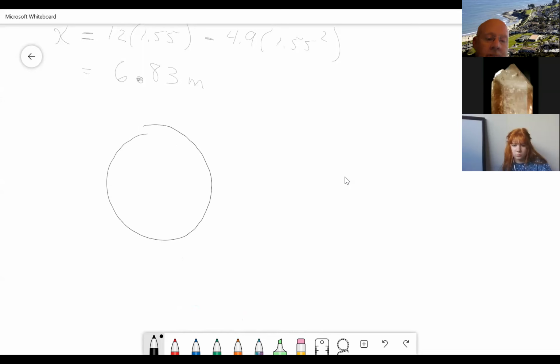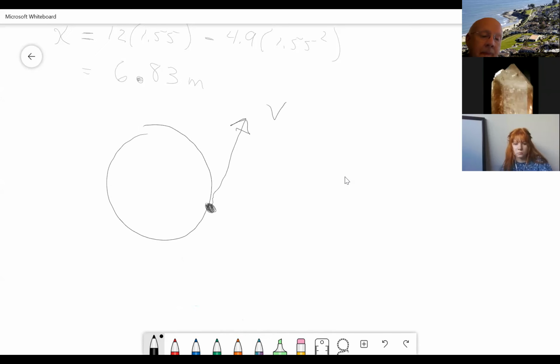Okay. So let me make a point somewhere on the circle, and let's pretend this object's going around the circle. Its velocity at that instant would be like this, tangential to the circle.